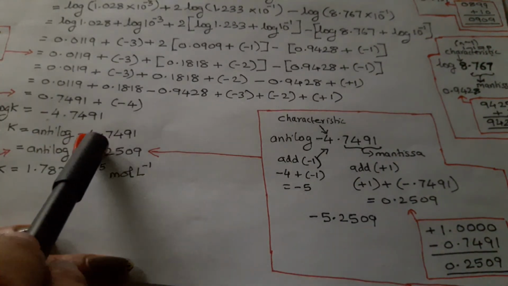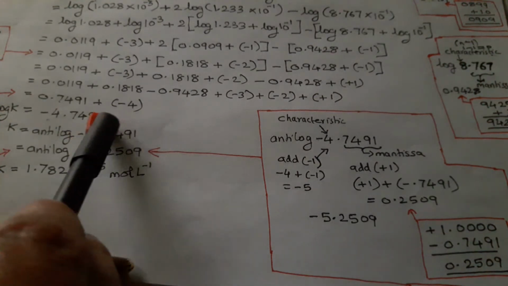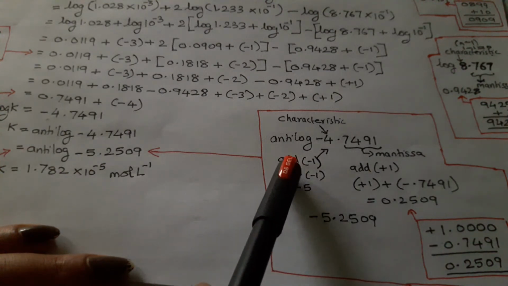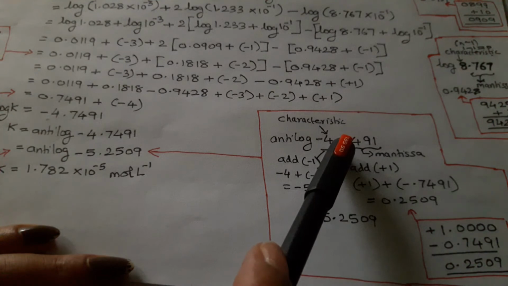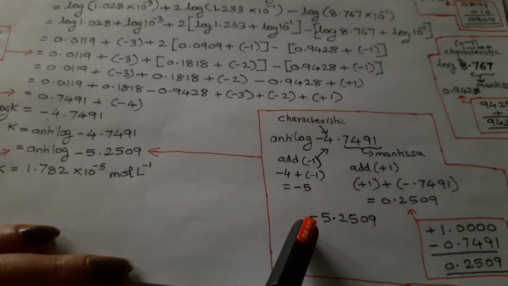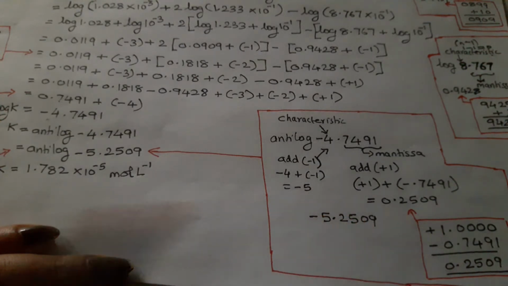For this, first we need to convert this negative mantissa into positive, and for that we know that we have to add minus 1 to the characteristic and plus 1 to the mantissa. The calculations are shown here, and finally we get it as minus 5.2509.